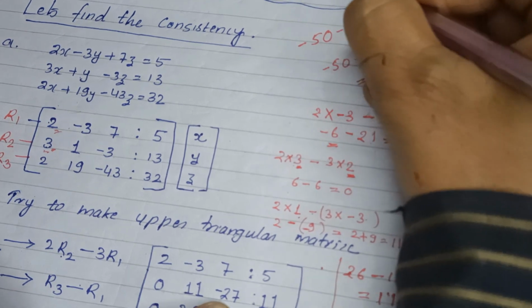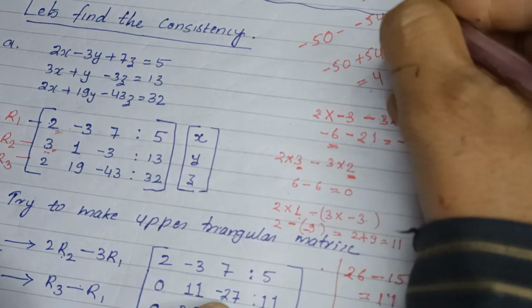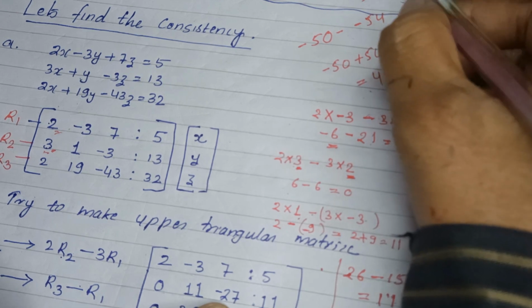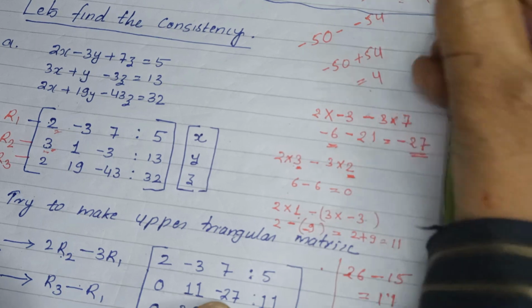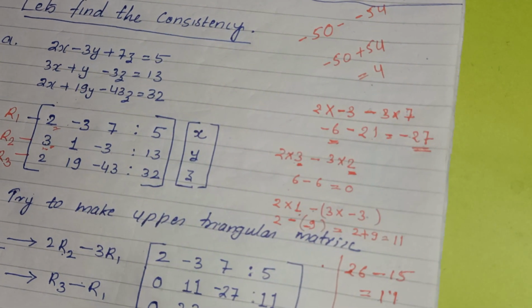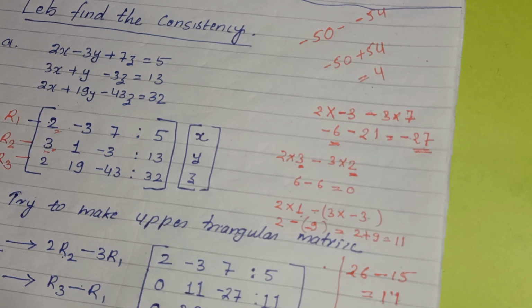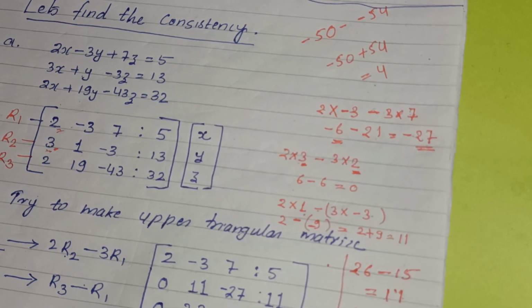It's the same thing: minus 54 plus 50. So it's minus, it is minus 4. So obviously here it will be minus 4. That was a mistake earlier, because we did minus 50 minus 54 in the earlier case. It should not have been 50 first.